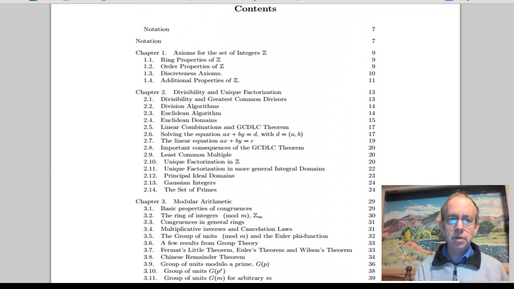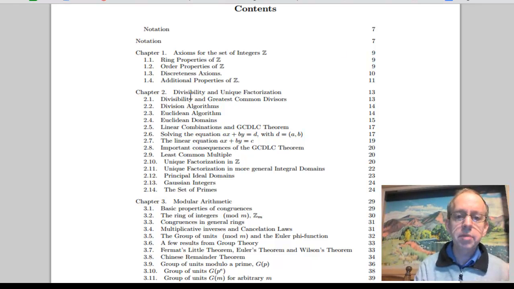Okay, so let's just go through what a typical course has. We start off with the fundamental theorem of arithmetic, all the divisibility properties, unique factorization, and talk about unique factorization in other domains such as the Gaussian integers.